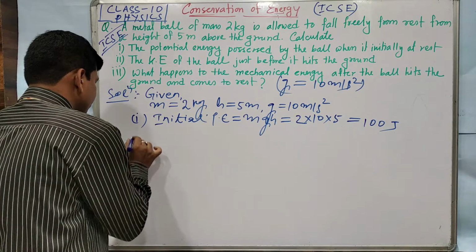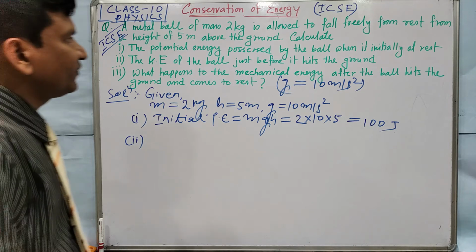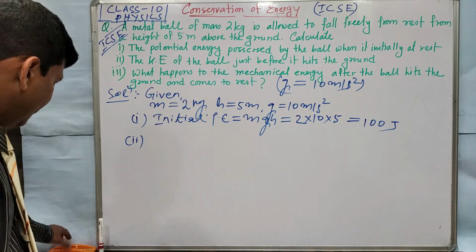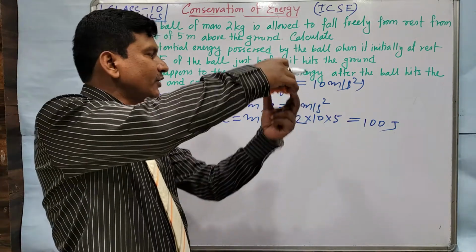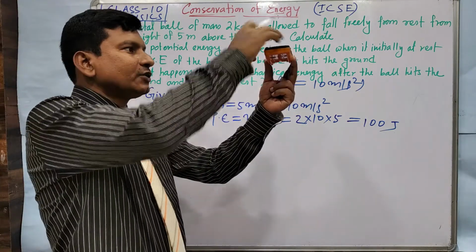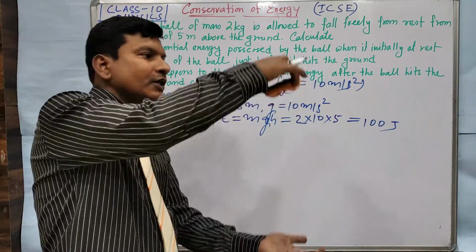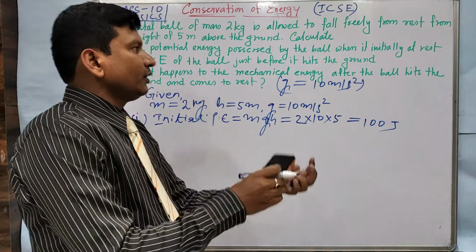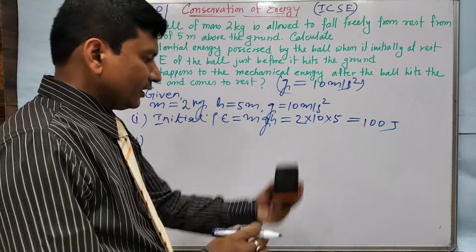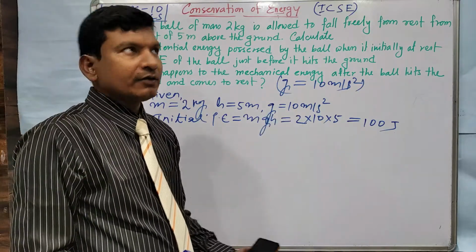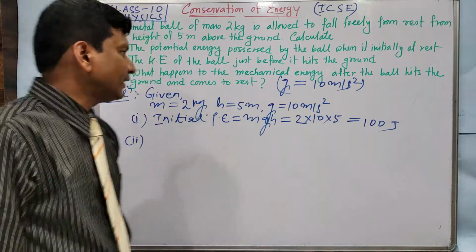Next, number 2. What is asked? The kinetic energy of the ball just before it hits the ground. So when the body was falling, it was falling like this. Initially at this position the body was having the potential energy. When it falls, as you know from the law of conservation of energy, this potential energy converts into kinetic energy, and just before reaching the ground, the entire potential energy of the ball is converted into kinetic energy.